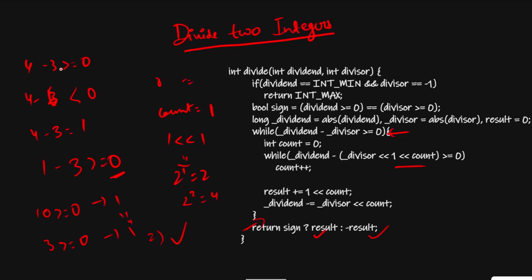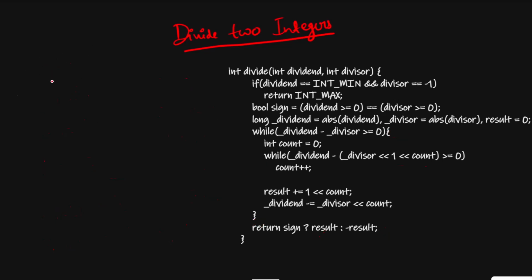Now let's understand our time complexity. The time complexity of this will be log n square. Why log n? Because I am doing 10 minus 3, then 10 minus 6, then 10 minus 12, so I am doing it log n times. Then again I will start with 4 minus 3, then 4 minus 6, then 1 minus 3.